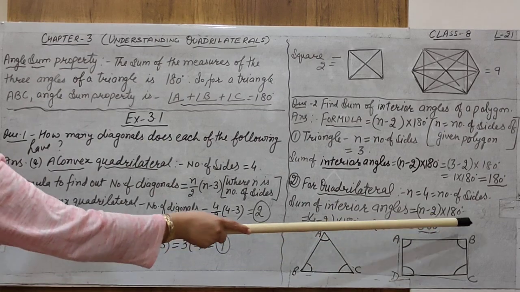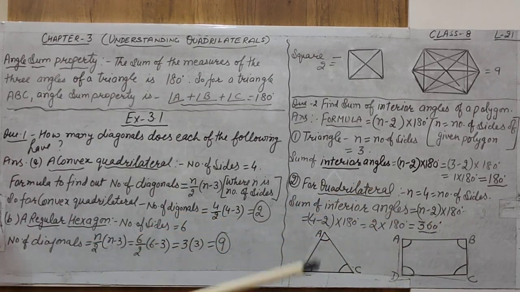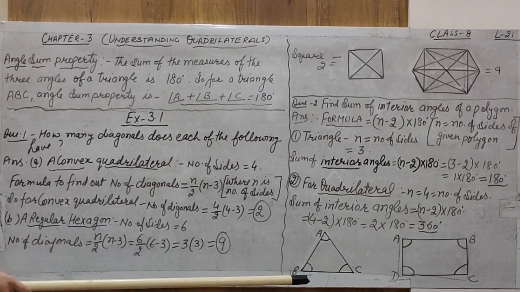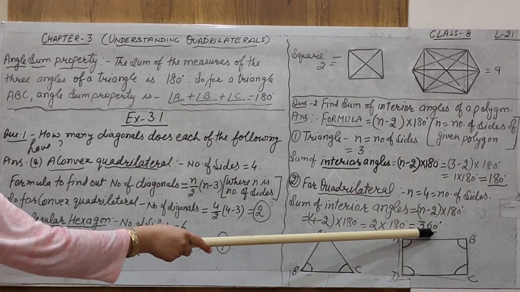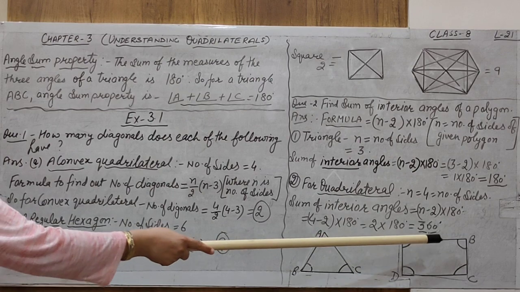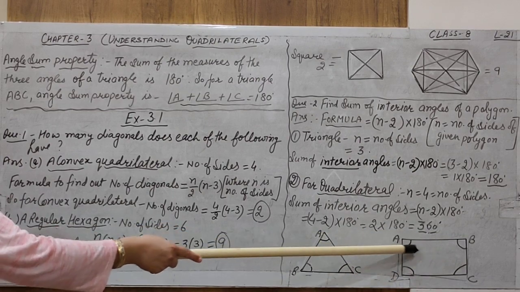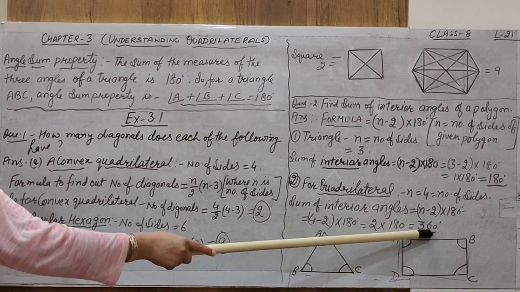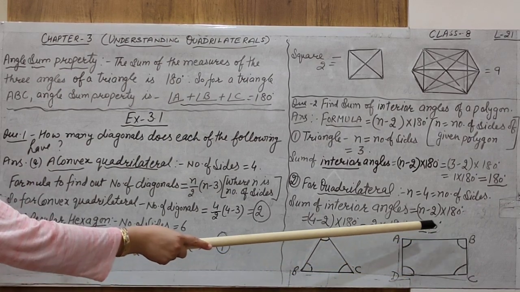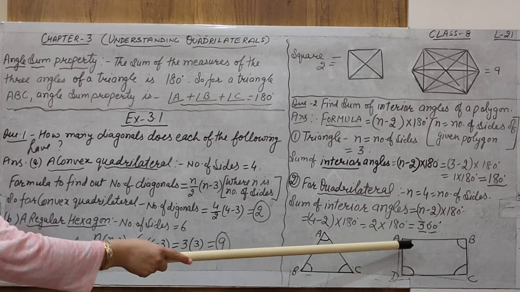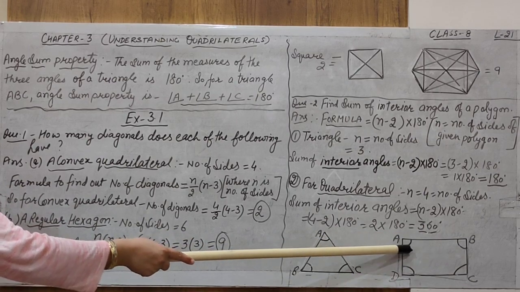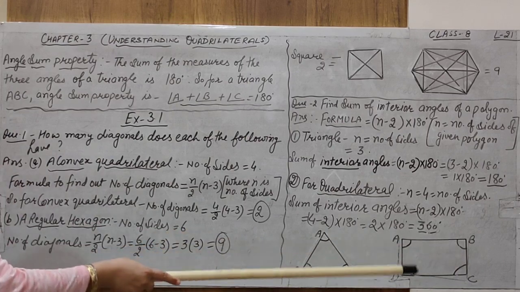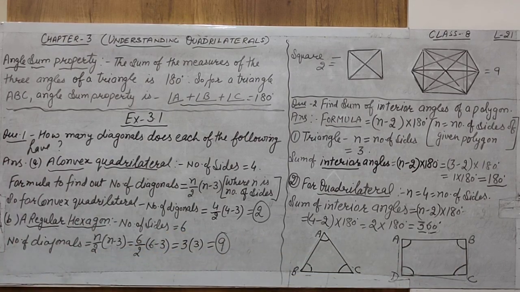With the help of this we find that the angle sum is 360 degree. Now we can use the formula A plus B plus C plus D is equal to 360 degree. By using the equation, you can find out the value of A plus B plus C. Using all these angles, we can find out the value of D.